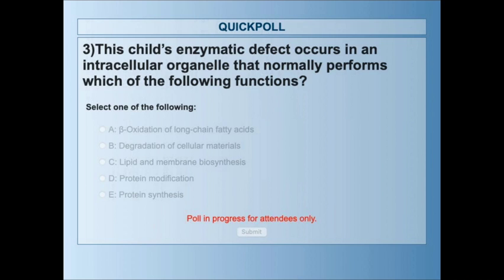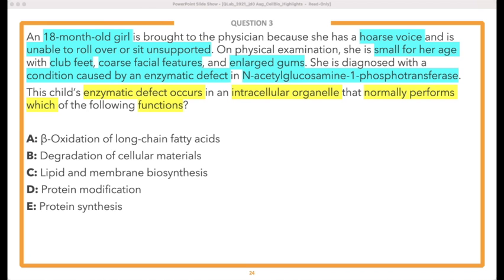Looks like we've got another interesting split here amongst the audience. Okay, well, we've had 70% of you voting, so I'm going to close the poll. And let's share the results. So let's see here. A little over 1/3 of you went with answer choice B, degradation of cellular materials, whereas protein modification came in second, and beta oxidation of long-chain fatty acids trailing in third.